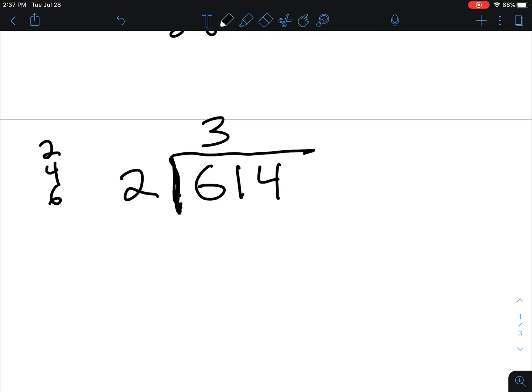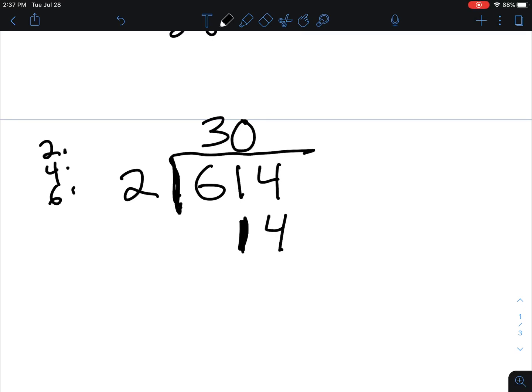All right, so hopefully you did 2 goes into 6 3 times. Right, 2, 4, 6. That's 3 of them. There's no remainder, so I don't have to subtract anything from the 6, but I have to now see how many 2's go into 1? 0. 2 does not fit into 1, does it?